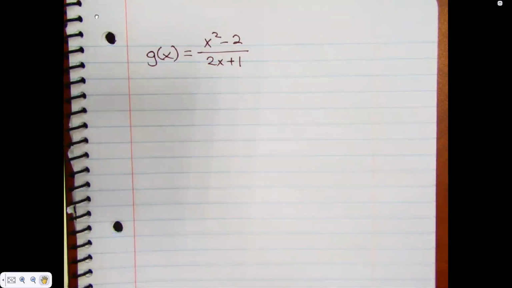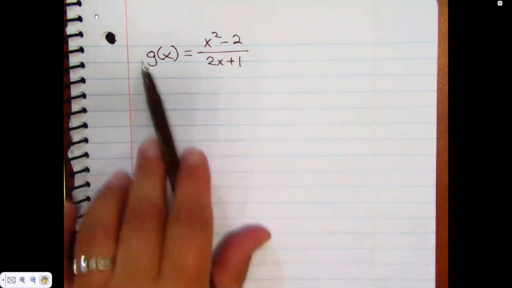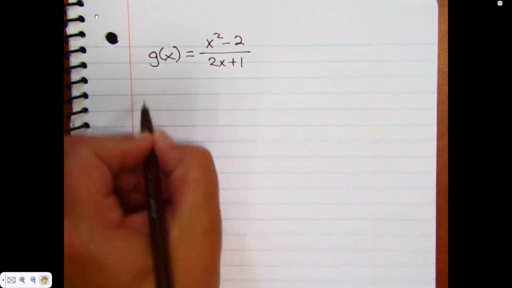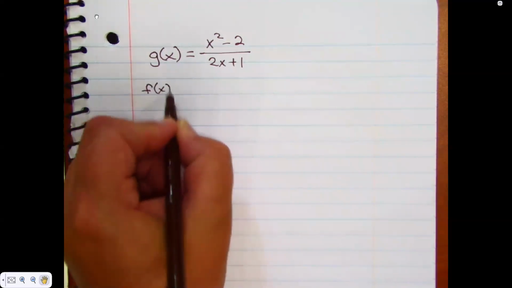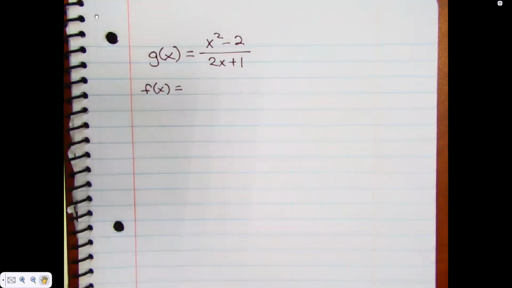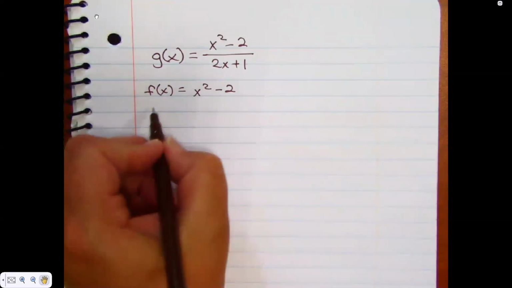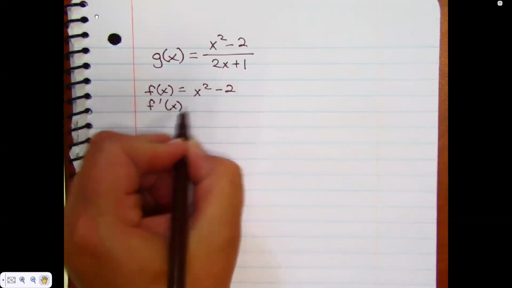Now remember, when we make our list, we're not referencing this g of x. We're just simply talking about numerator and denominator. Okay? So f of x, what is f of x? That is the numerator, x squared minus 2. What is its derivative?